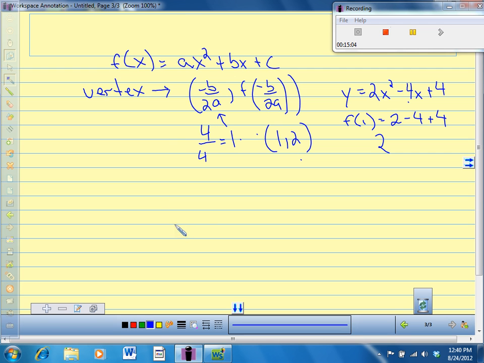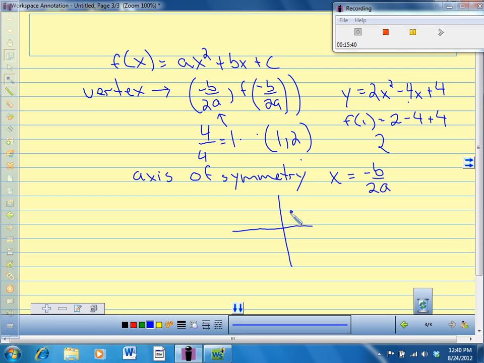Also, axis of symmetry, which is the thing that cuts it in half. All you really have to know is the x-coordinate, okay? And the equation of the axis of symmetry is x equals negative b over 2a. Exactly the same thing. So for this particular parabola, if I were going to graph it, it goes through the point 1, comma 2.